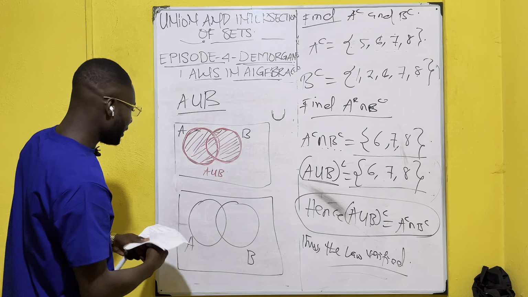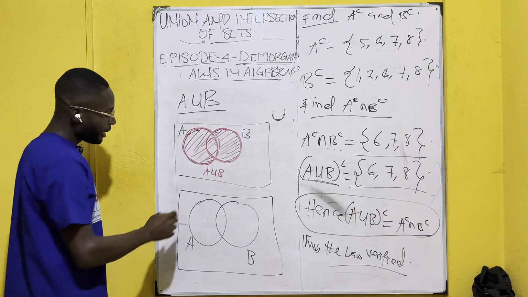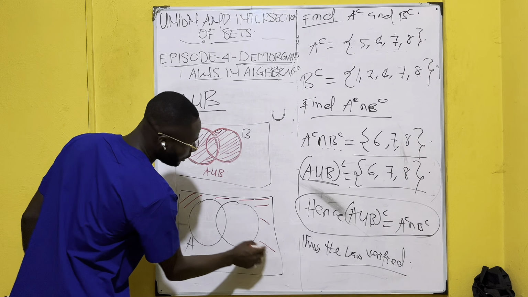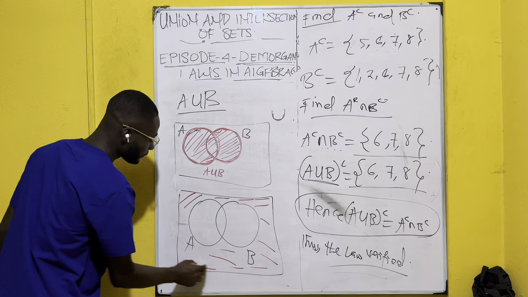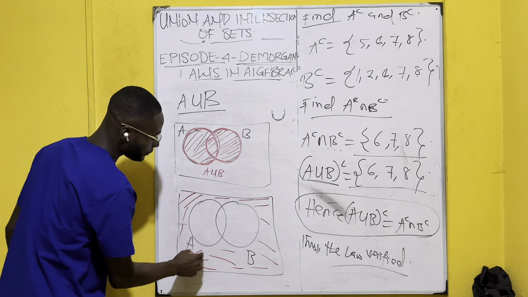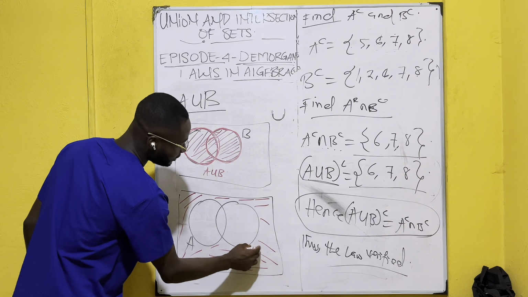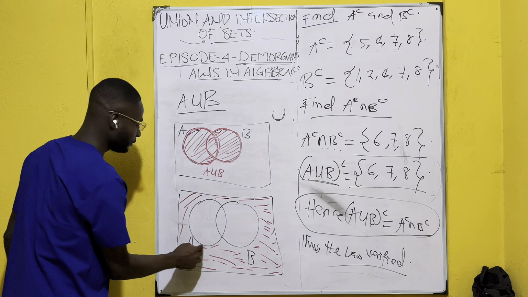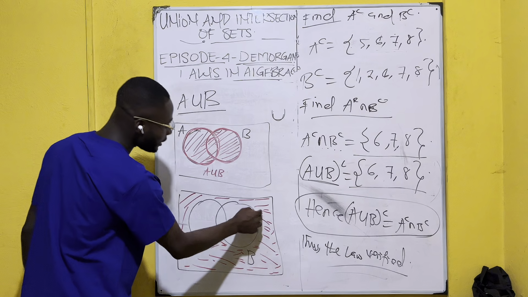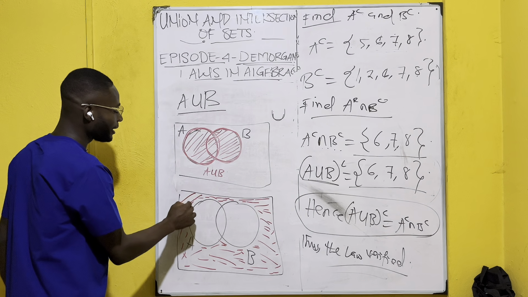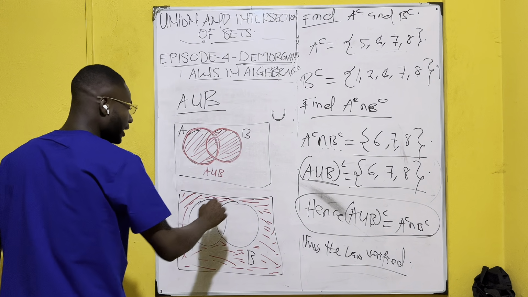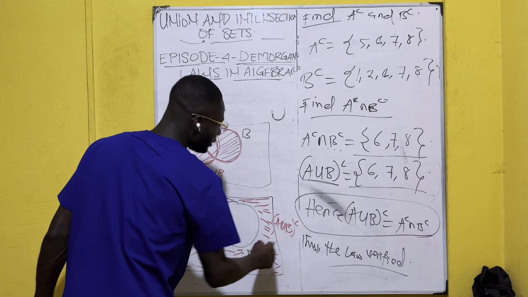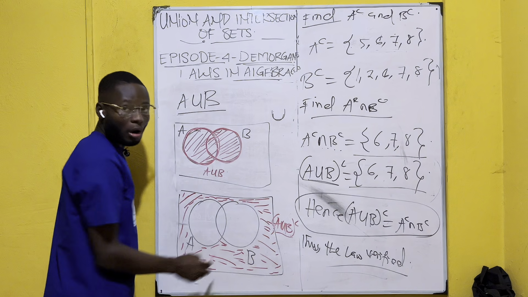So A union B all complement is basically the whole of this section, all of this section, all of this section. So all the section outside set A and set B becomes your A union B all complement.